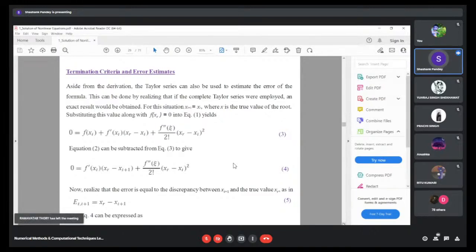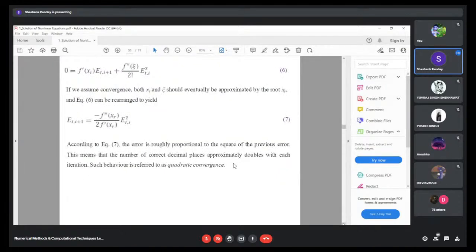If we replace this xr minus x i plus 1 with the corresponding error notation e, then this is given by equation number 6.